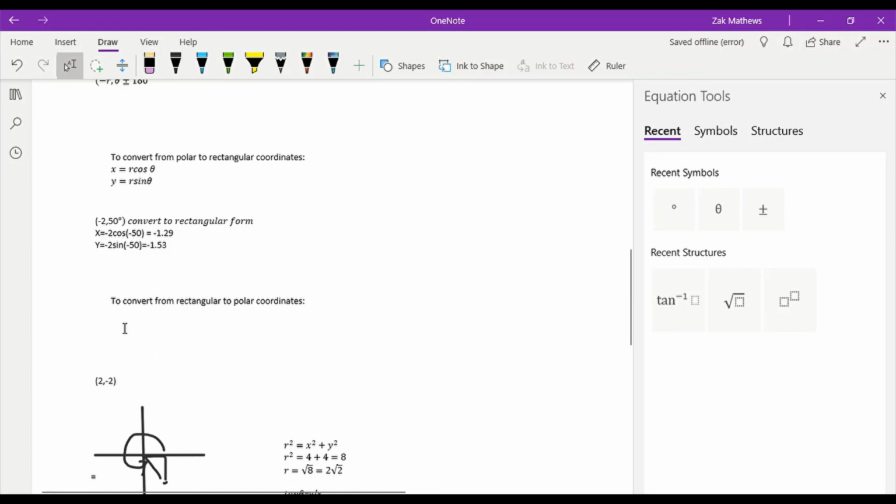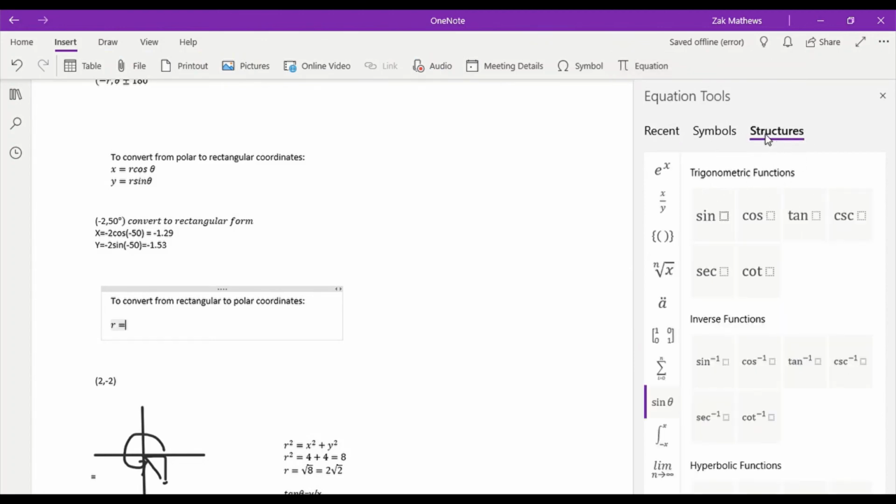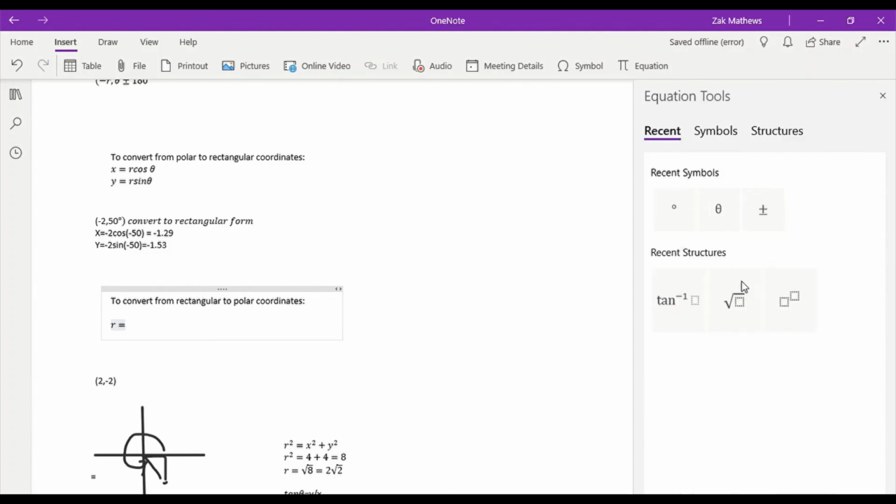But I did say we'd define those formulas, so let's go back and formally do that. If we want to convert from rectangular to polar, if we want to find the r value, we are going to do that by using the Pythagorean theorem. So our r will be equal to the square root of the x squared plus the y squared.